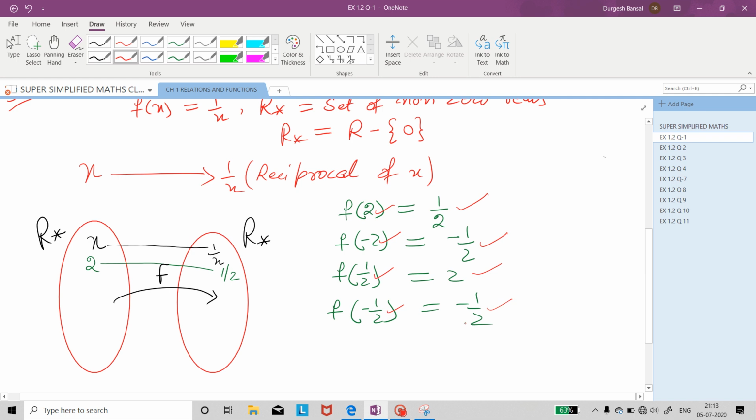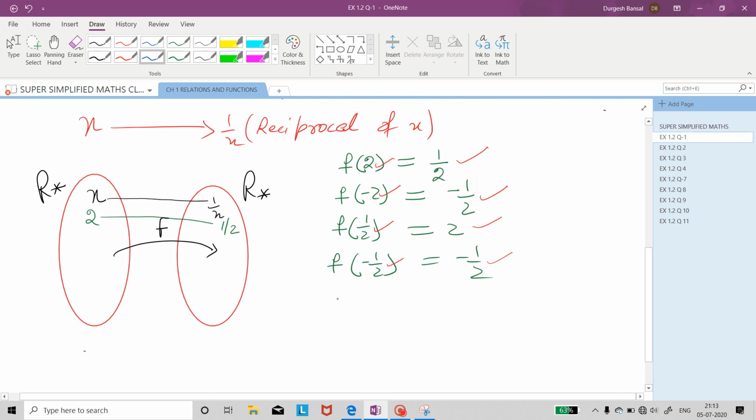So you can check by taking some more numbers also. So let us take say 2 by 3. If I take a number 2 by 3 here in the domain set, what is going to be its image? Its image is going to be its reciprocal, that is 3 by 2. And if you take minus 2 by 3, it is going to be minus 3 by 2.